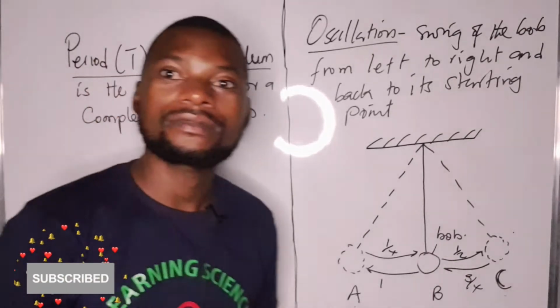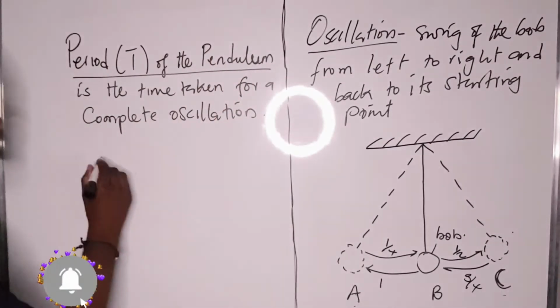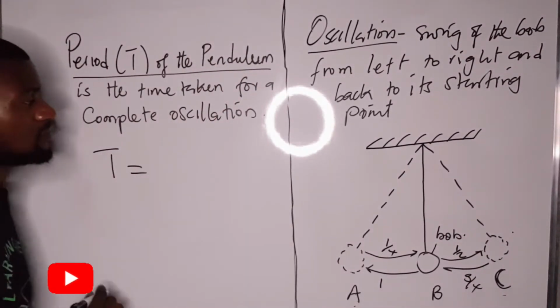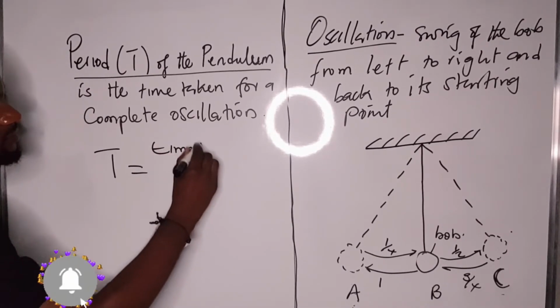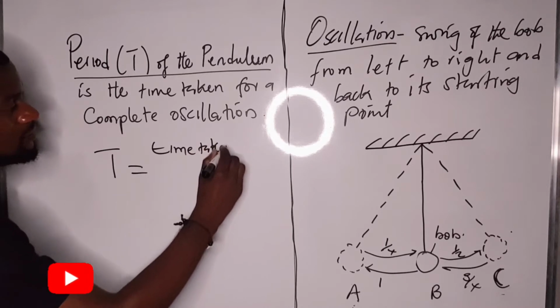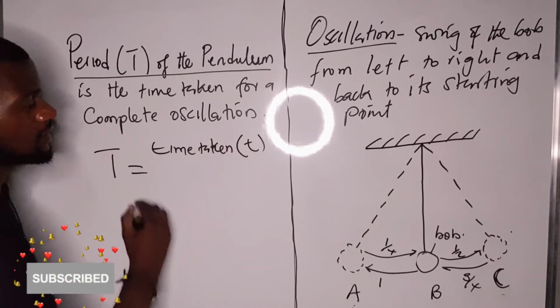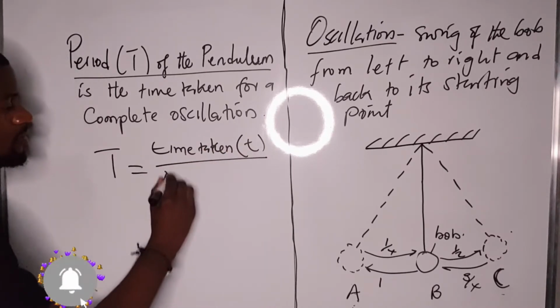Therefore, the period of the pendulum is given by the formula: time taken, which is noted with small letter t, divided by the number of oscillations.